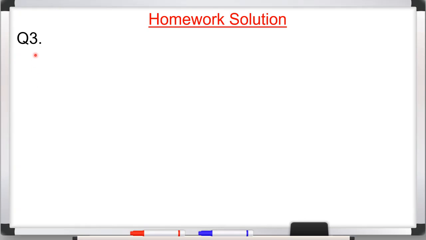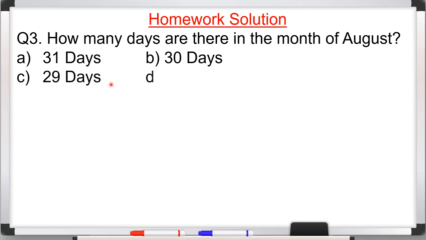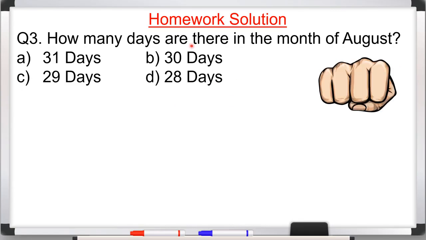Now question number 3. How many days are there in the month of August? Options are A 31 days, B 30 days, C 29 days, and D 28 days. So here again we need to make a fist. Now we have to start counting the month names from this: January, February, March, April, May, June, July, then again count August.